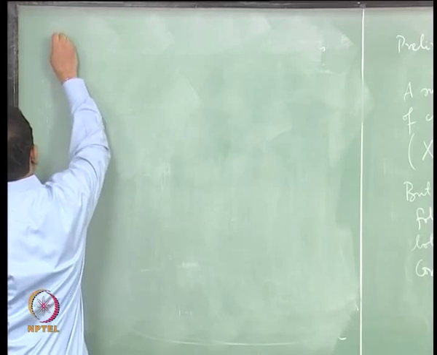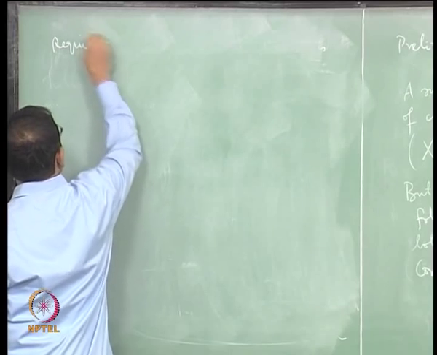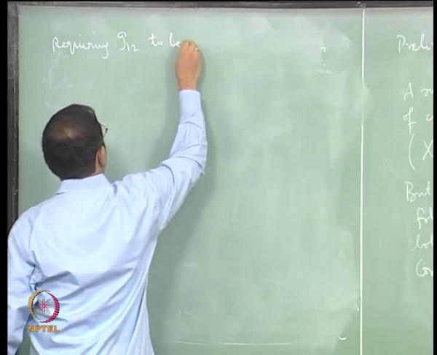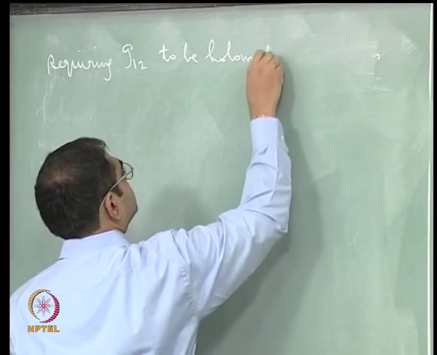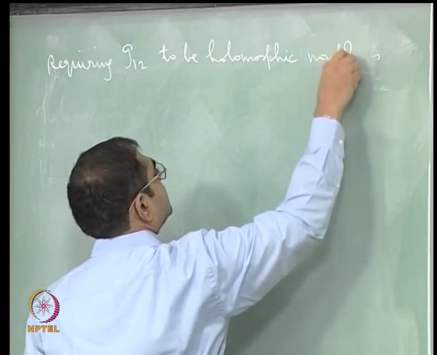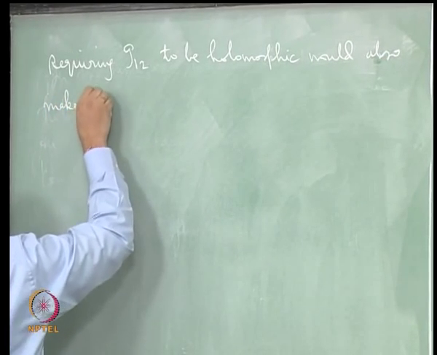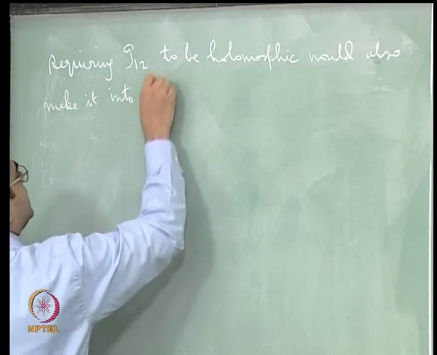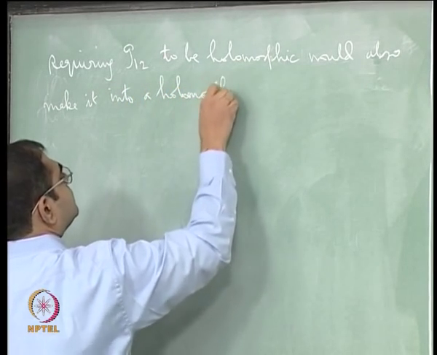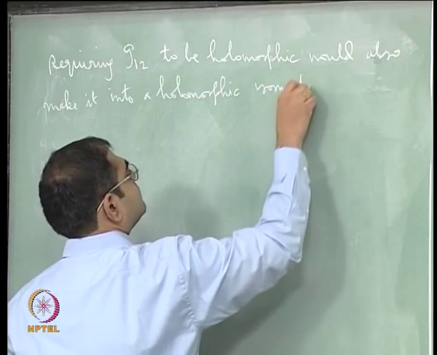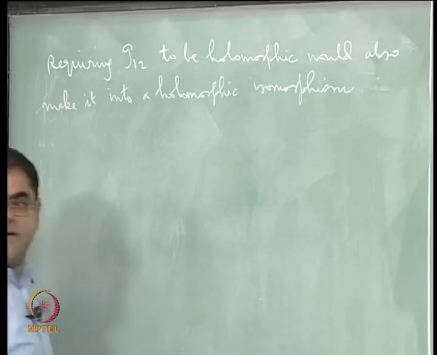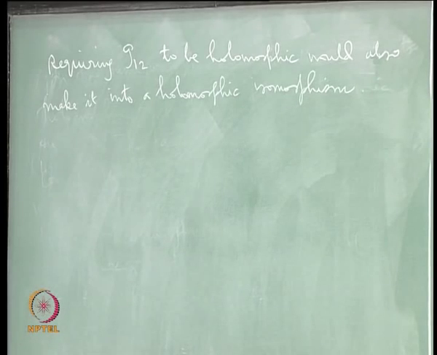Requiring G12 to be holomorphic would also make it into a holomorphic isomorphism, by a remark that I recalled some time ago at the beginning. Now why does this condition help? It helps because of the following reason.